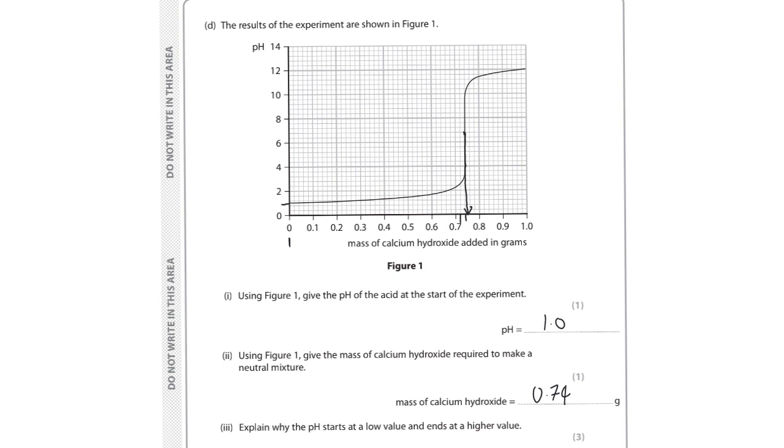And that line was actually on that line, so they didn't allow any error in that. It had to be 0.74.